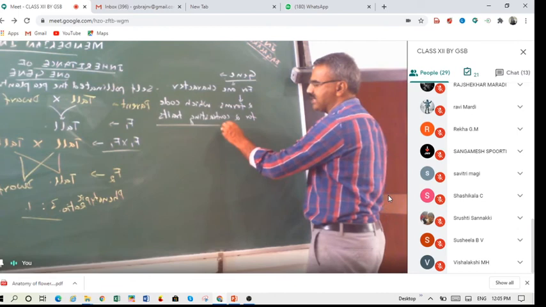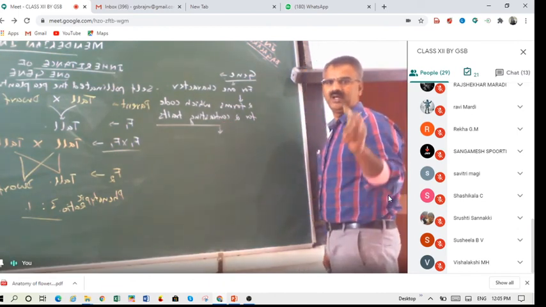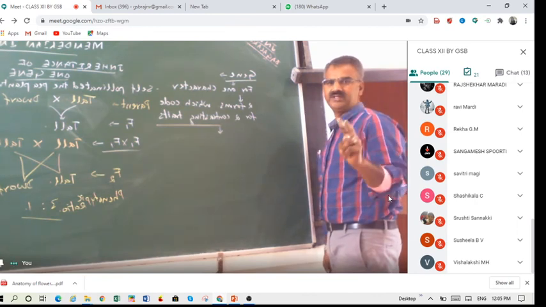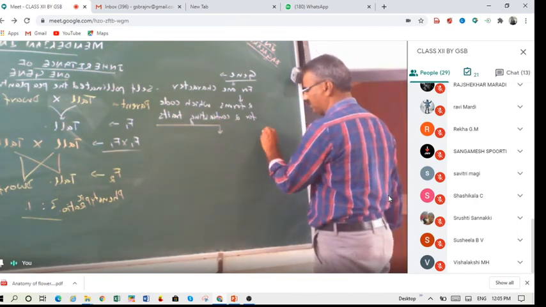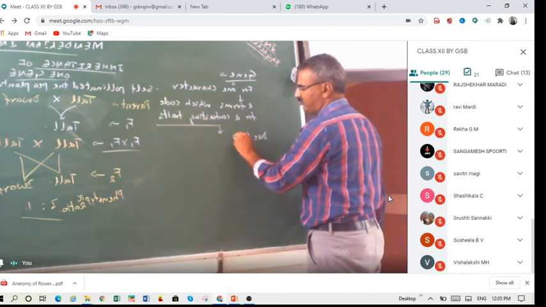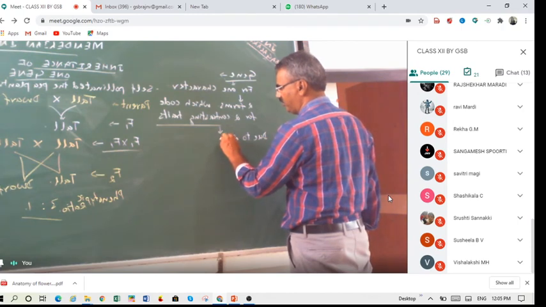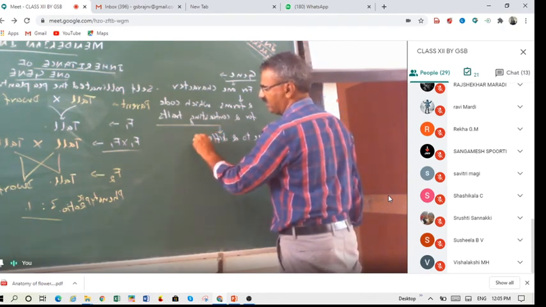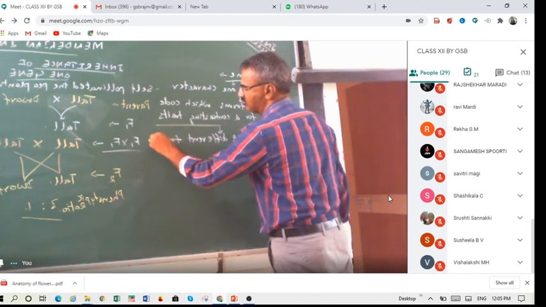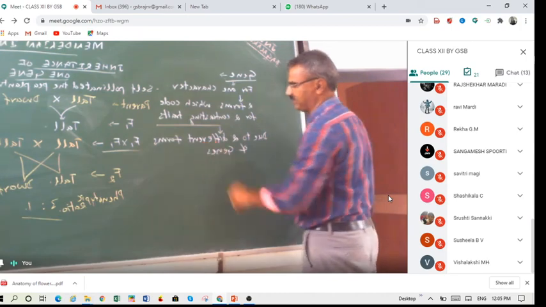So these two contrasting traits are actually coded by two different forms of genes. Two different forms of genes.